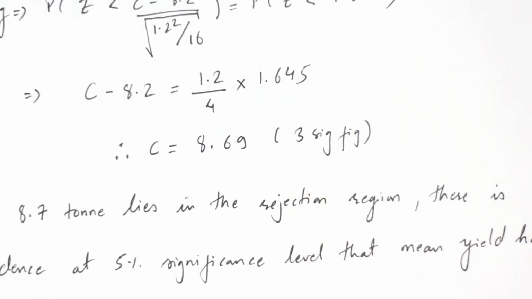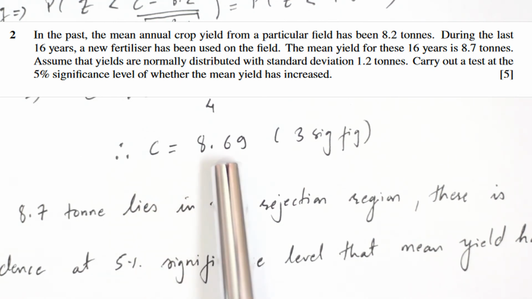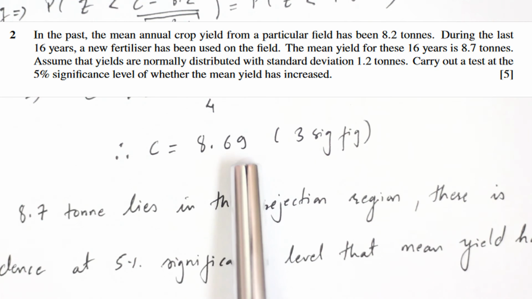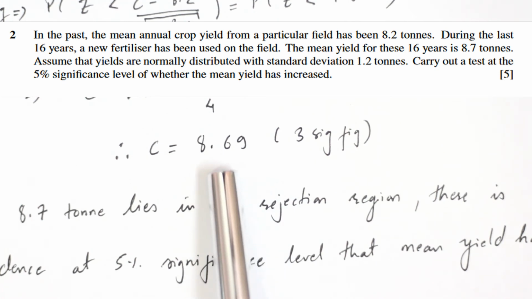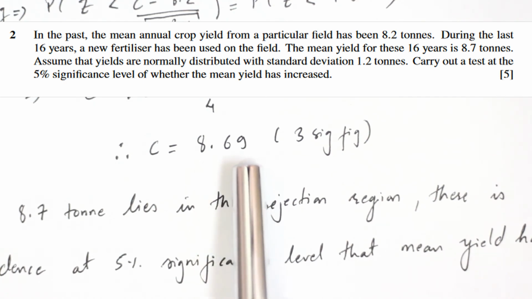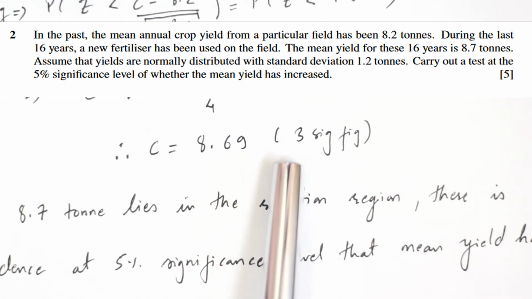Now we are given in the question that in this 16 years he measured the mean yield output to be around 8.7 tons, right? But our C here is shown to be 8.69. If the measured mean in that 16 years would have been less than this, we would say that there is no sufficient evidence that the mean has changed, right?